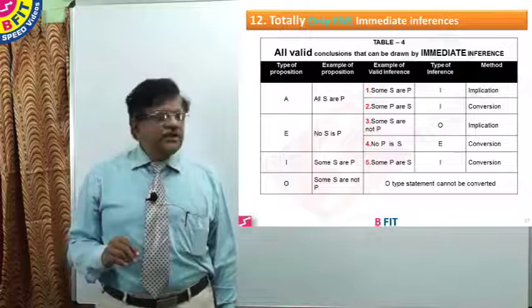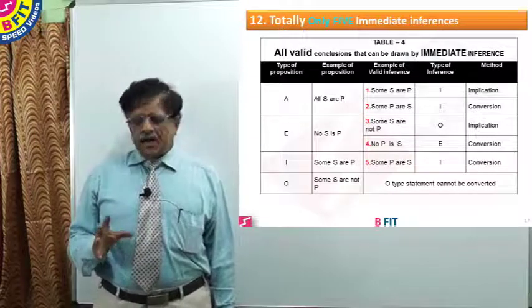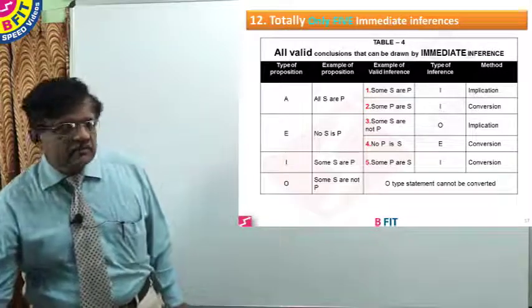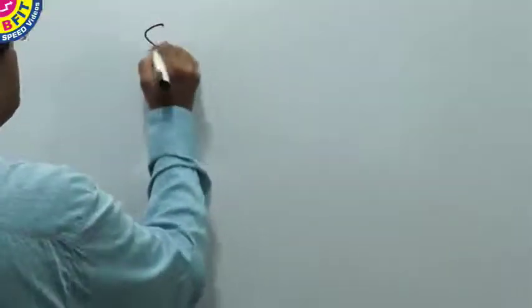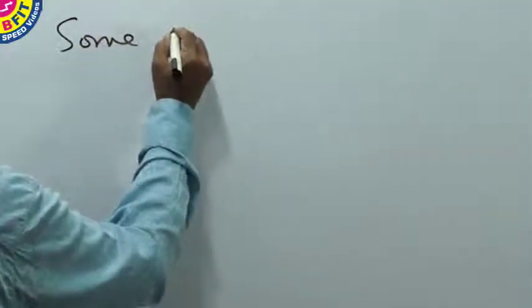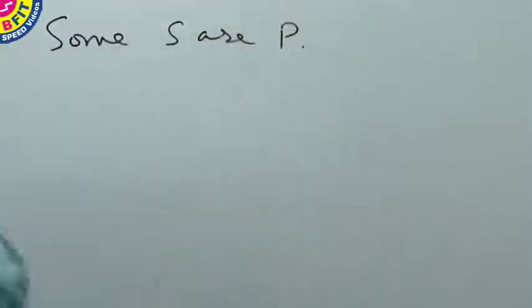Here I want to tell you something about "some S are P" and "some S are not P." Let us see the working. Some S are P. Now we will leave donkeys, monkeys and all. We will talk in the real language of logic.